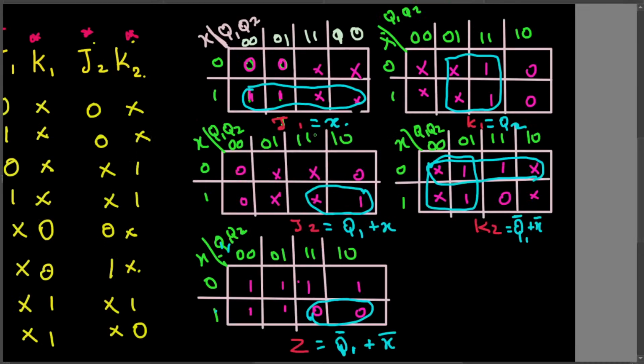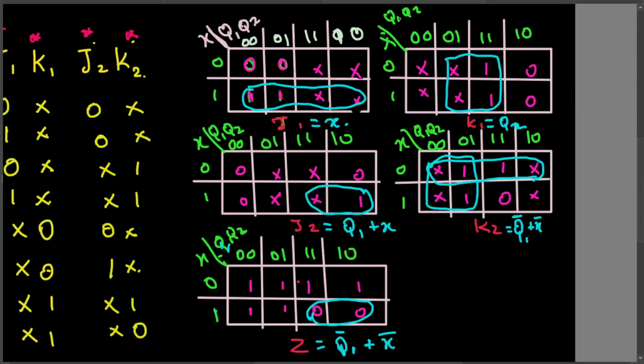Let's put the k-map values we found here. First we found out J1 that is equivalent to X. Let's put that one here. And we found out K1 to be what? K1 is equal to Q2.